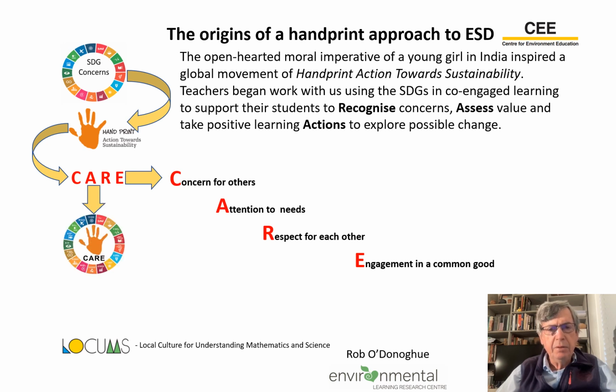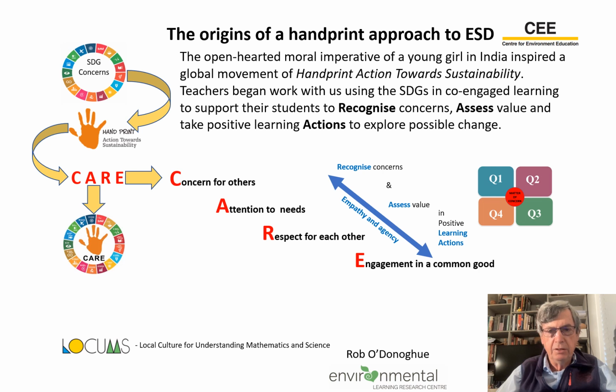And this handprint process has developed in many ways in different countries, but one of the key elements has been empathy, feeling for others, and agency, being able to do things. So you're not just learning about things, but you're learning to recognize concerns, to assess value, and to take positive learning actions, to do something about these concerns.